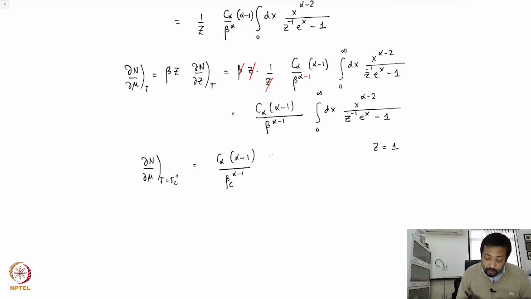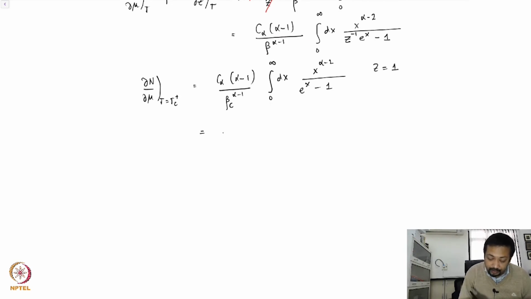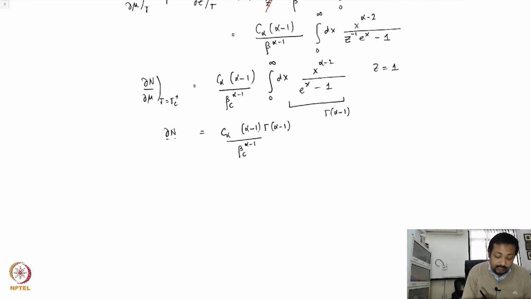Here z is equal to 1, and you have the integral 0 to infinity dx x to the power alpha minus 2 divided by e to the power x minus 1, which is going to be C alpha alpha minus 1 beta c alpha minus 1, and this you see is gamma of alpha minus 1. This is the gamma function. So I have gamma of alpha minus 1 is del n del mu evaluated at T equal to Tc plus.